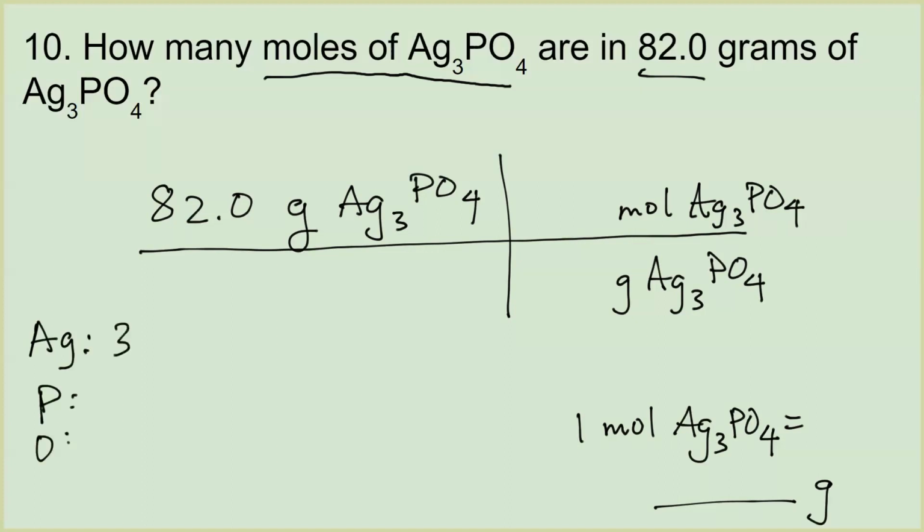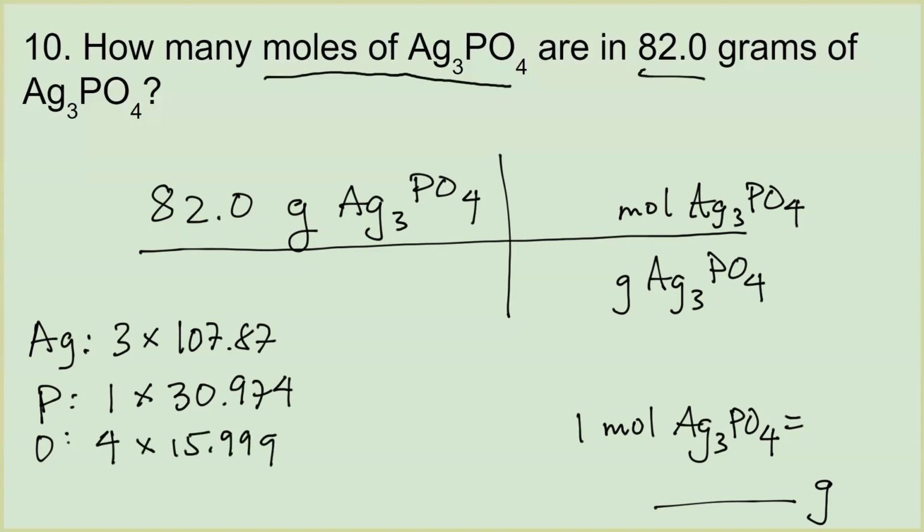There are 3 silvers. Each silver has a mass of 107.87. We have phosphorus, just one of them, with a mass of 30.974. And we have oxygen. There are 4 of them, and they each have a mass of 15.999. So let's get those numbers and then we'll add them all together.